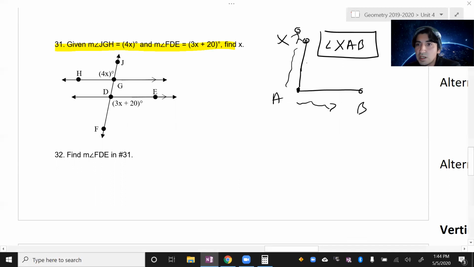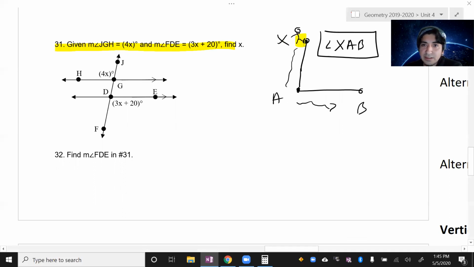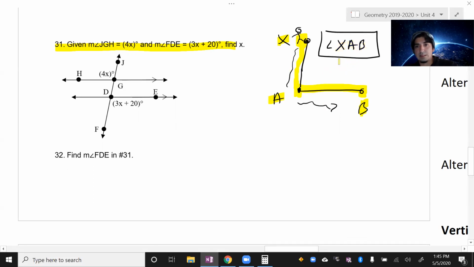So imagine you're walking from here to this point, to that point. So you have X, A, and then B.